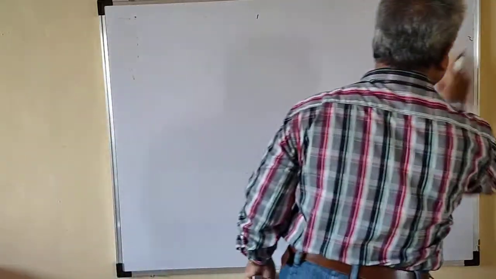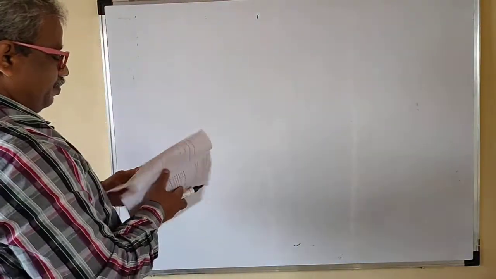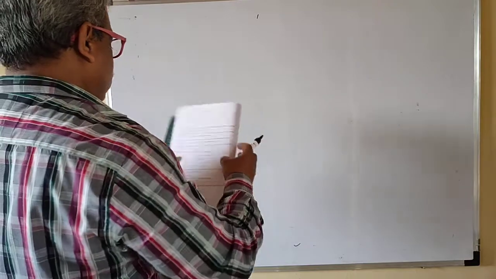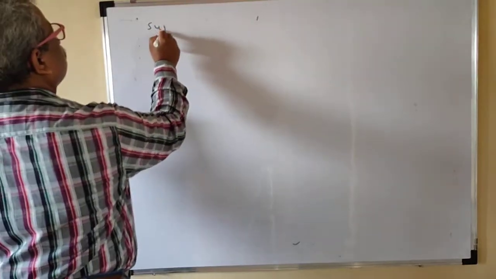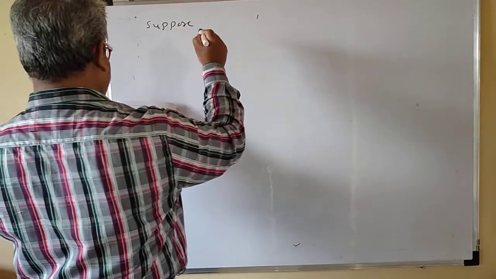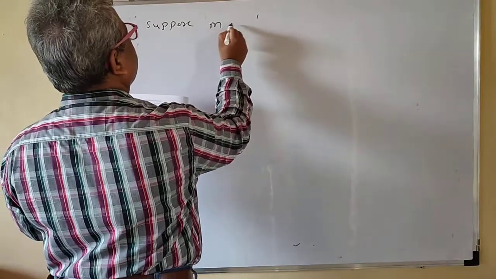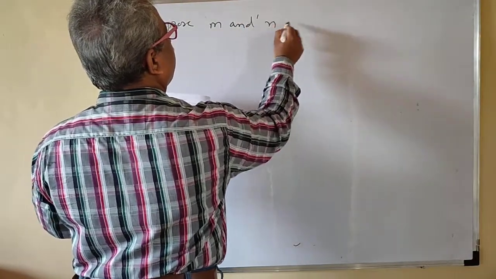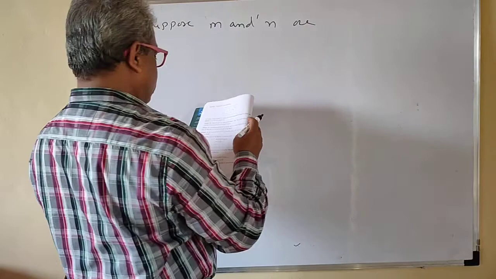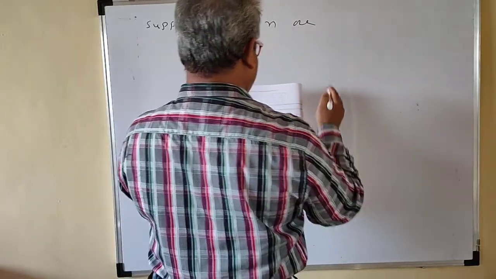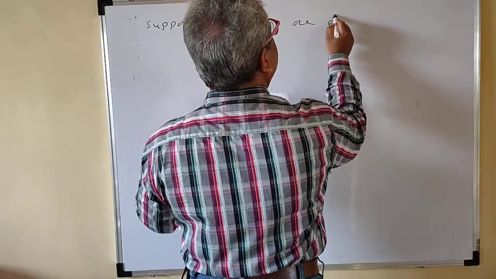Now we take an example on this. Suppose m and n are distinct positive integers.